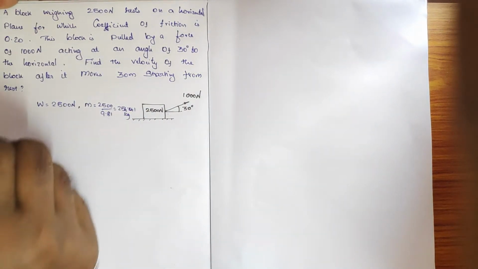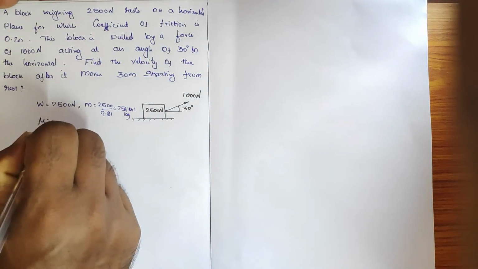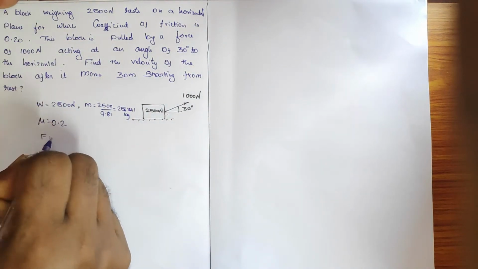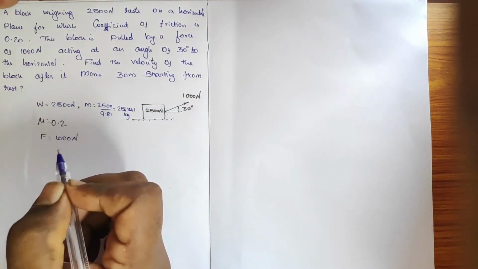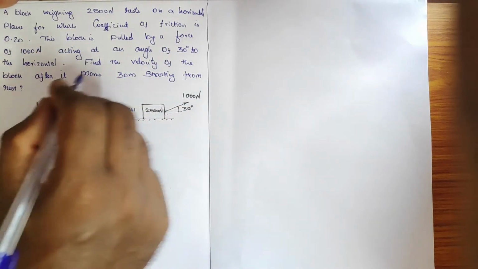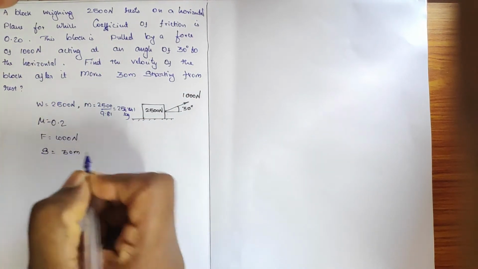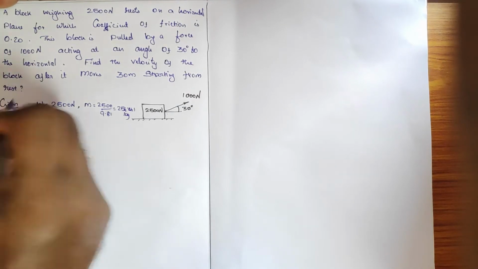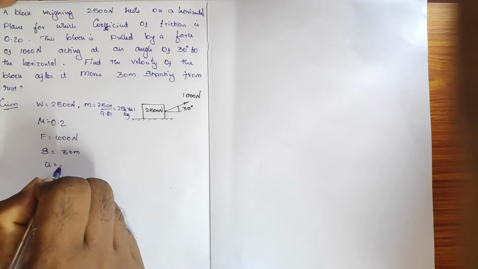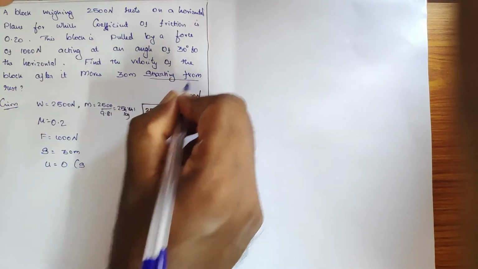The coefficient of friction mu is given as 0.2, and the block is pulled by a force of 1000 Newton at an angle of 30°. The displacement is 30 meter, as given in the question, and since it starts from rest, the initial velocity must be 0, right?